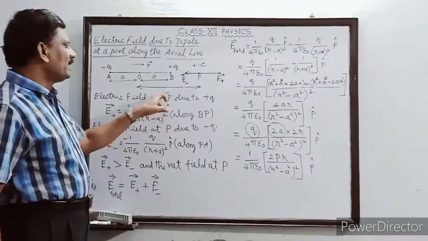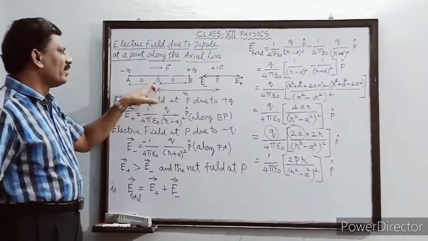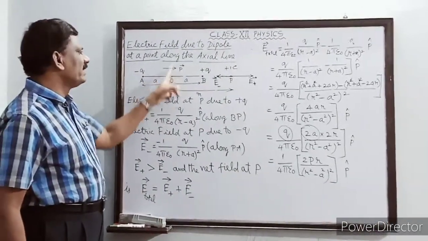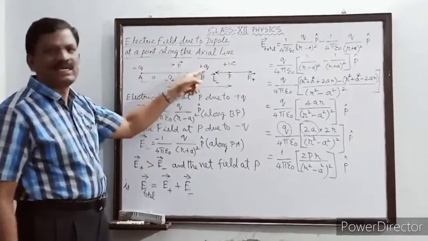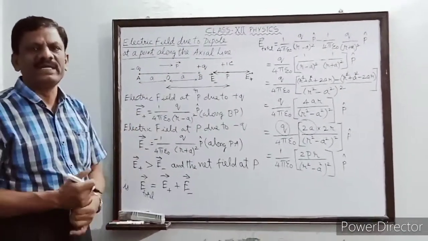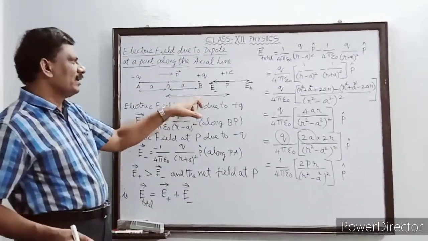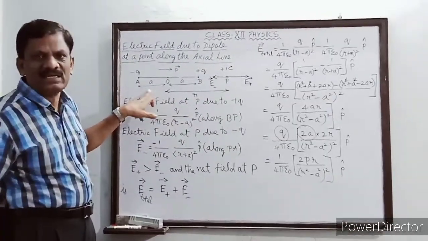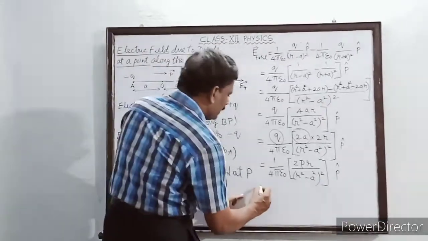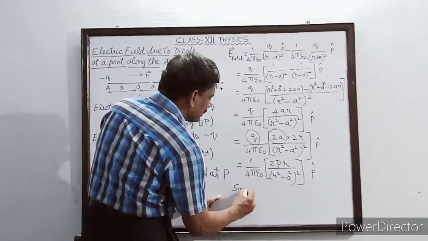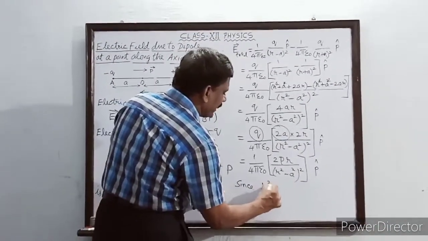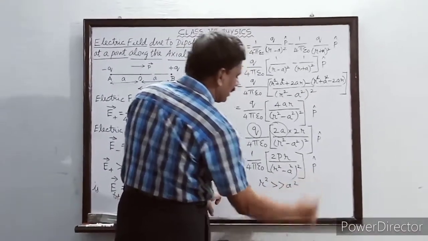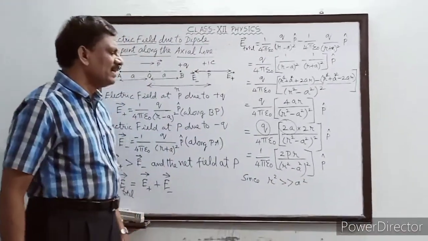Now r is the distance of the point P from the midpoint of the dipole, and a is half the distance between the two charges. So r should naturally be many times greater than the distance a. So we can write that r² is very much greater than a².